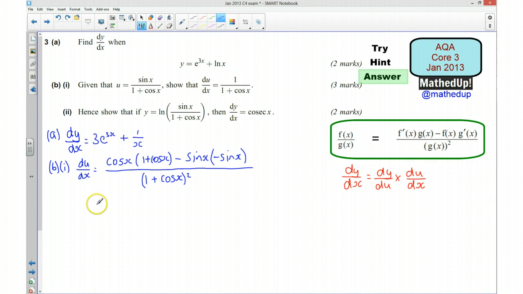Okay, and I'm going to simplify the top, so that's going to be cos x plus cos squared x, and then we've got take away sine x times by negative sine x, so that's going to be the same as plus sine squared x.